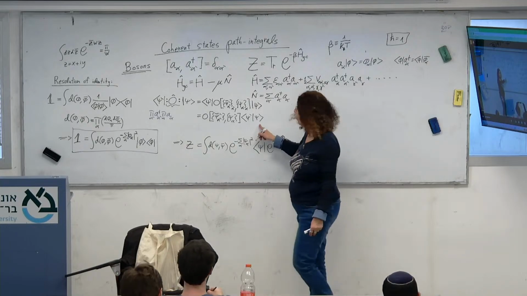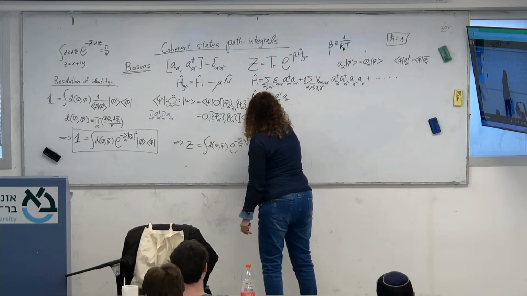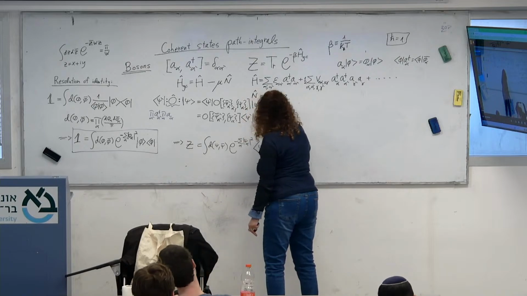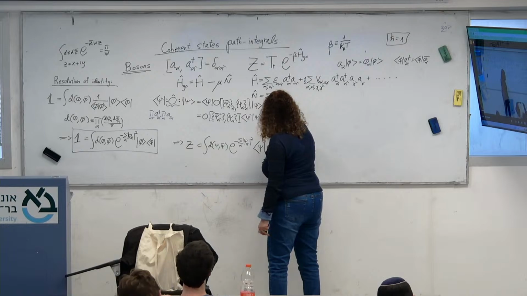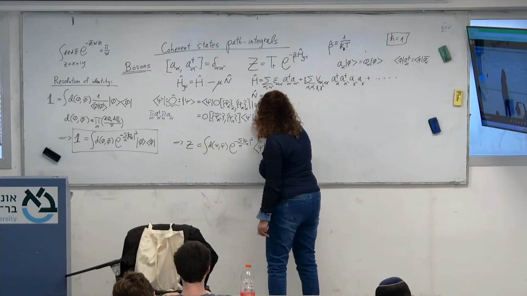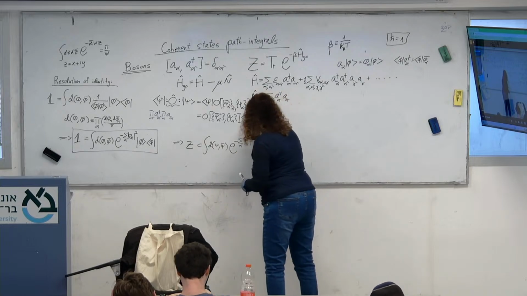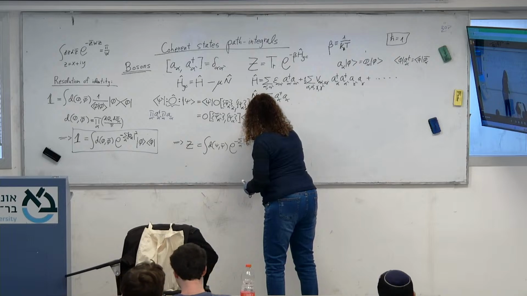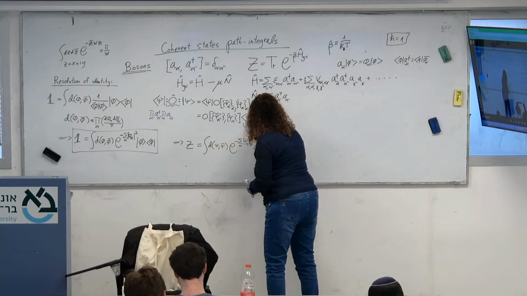We know already what it is. It is nothing but this exponent, e to the sum over alpha of psi prime bar alpha psi alpha.